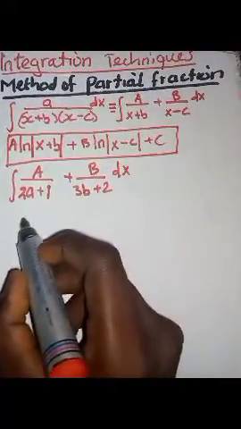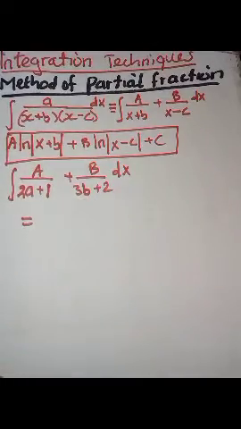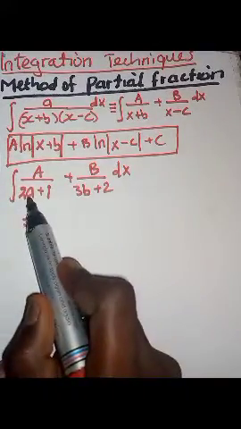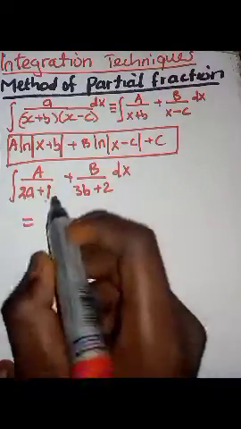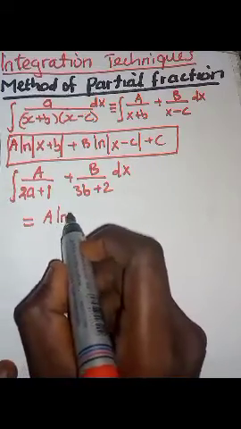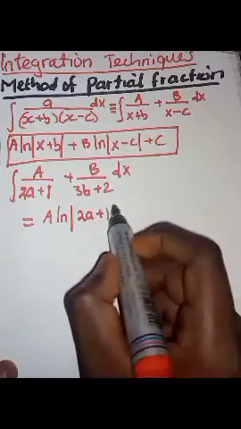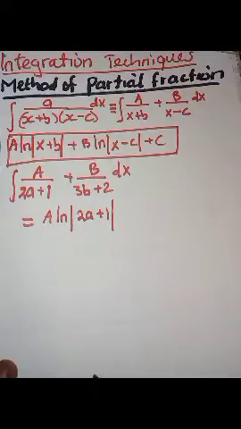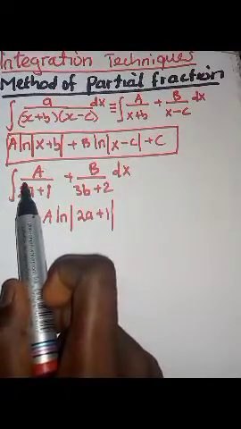In this case, A is a constant, and we can see that 2a plus 1 is a linear factor, right? So I'm simply going to have capital A times the natural log of the absolute value of 2a plus 1. Then the chain rule says we should divide by the derivative of 2a plus 1.